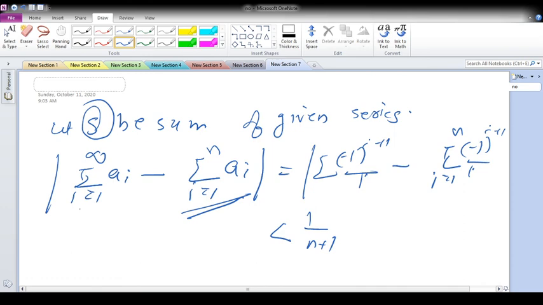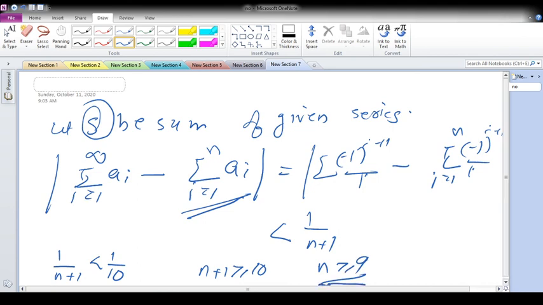So given that error is less than 1/10, we can write 1/(n+1) is less than 1/10. So n+1 is greater than or equal to 10, n is greater than or equal to 9.